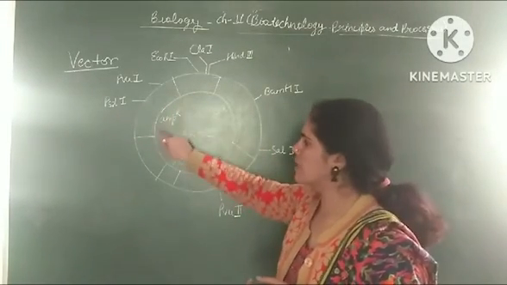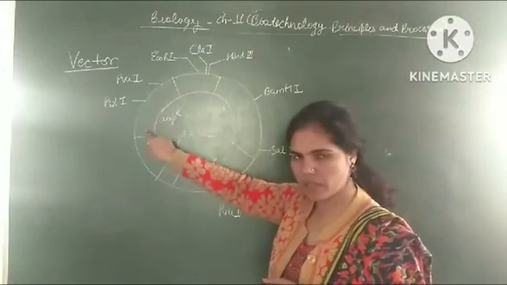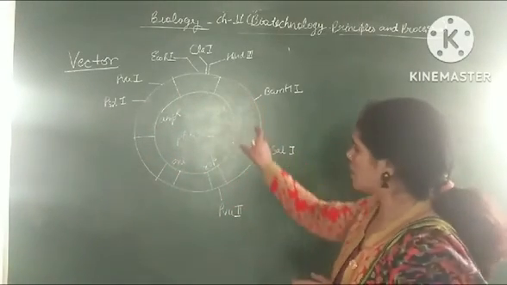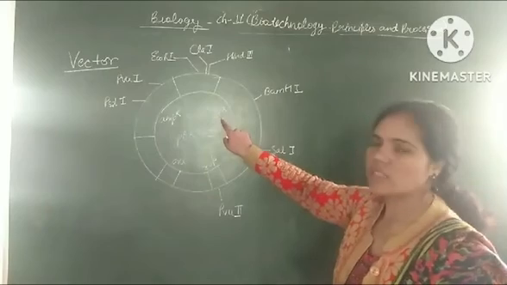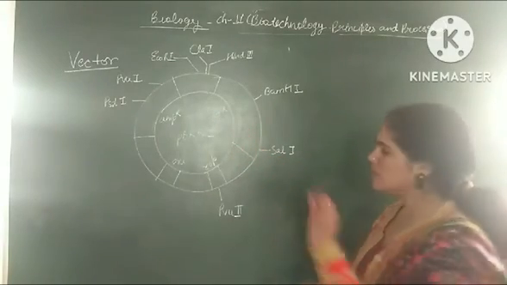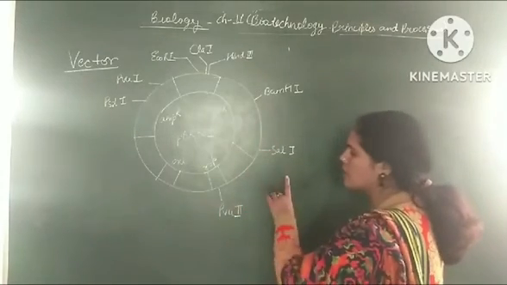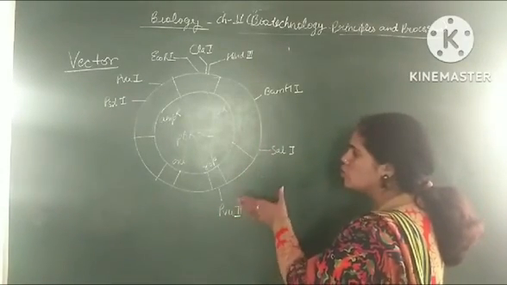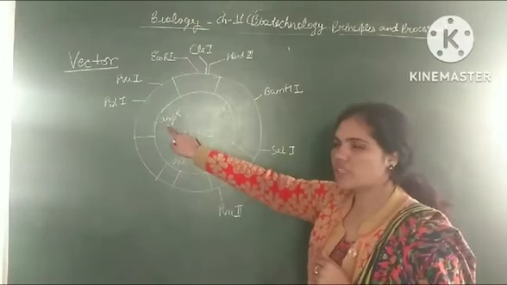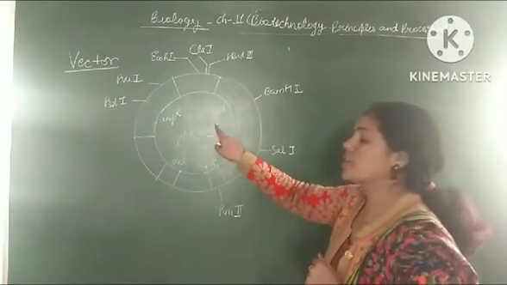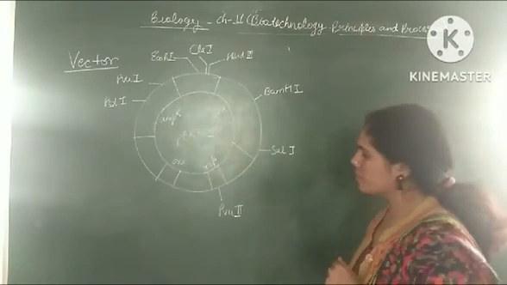So this part is known as the ampicillin resistant part of the DNA, and this part is the tetracycline resistant part of the DNA. It means that the bacteria having this vector has the capability to protect our cells from the ampicillin antibiotic and the tetracycline antibiotic.